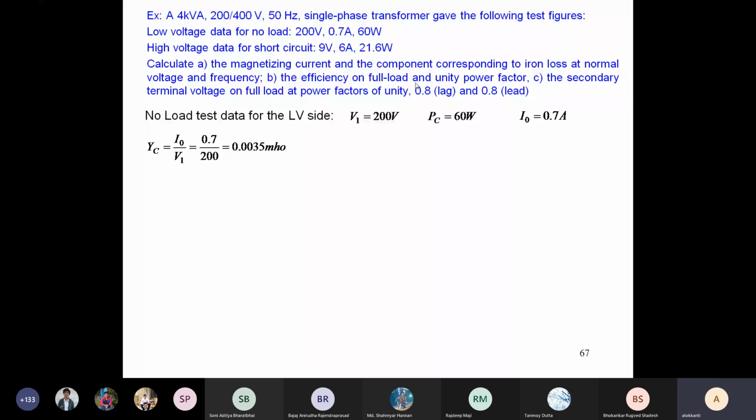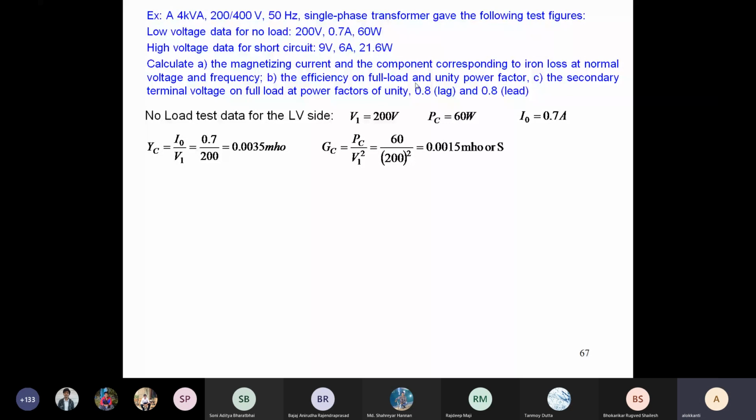So GC is equal to PC by V1 square, since V square GC is the power. PC is 60 and V1 is 200 square, so you can find out the value of GC. Since we have found conductance, you should use the correct unit.